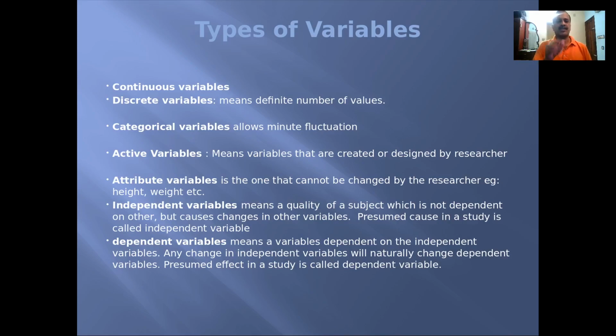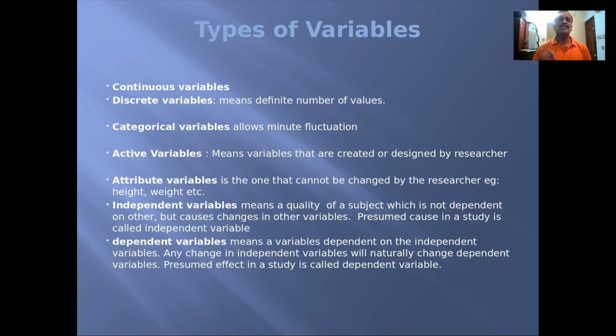For example, 19 years 1 month, 2 months, 3 months, and in that also 19 years 1 month 1 day, 2 days, 3 days. That is also 19 years 1 month 1 day, 1 hour, 40 seconds. Numerous indefinite number of values are there between two nearby values. So these types of variables, we call a continuous variable.